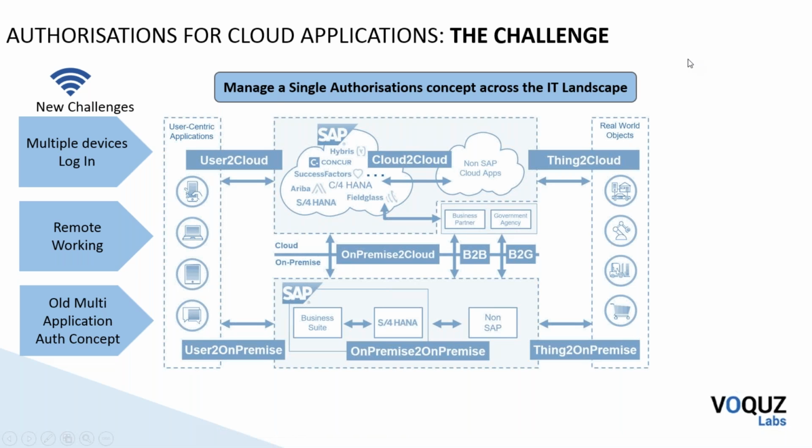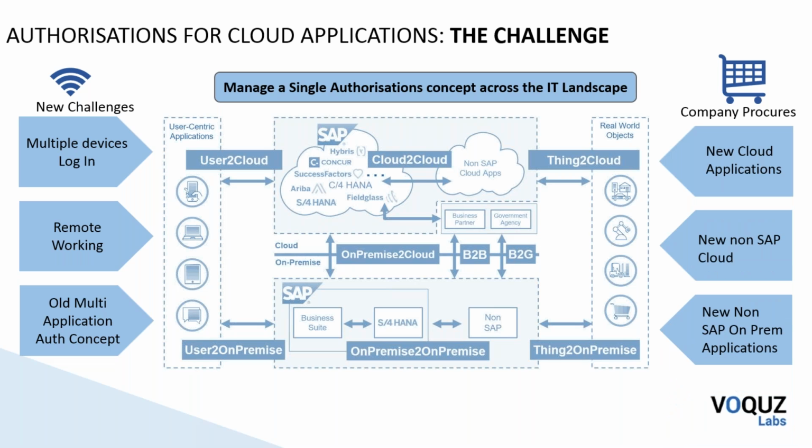Then we also have, what has the company procured? In many organizations, we see that a company is procuring some new cloud applications, as we showed up on the top here. They've got some Concur or SuccessFactors or SAP Analytics Cloud. There are some new non-cloud applications that are coming in as well. Lots of developers are developing stuff that's non-SAP, but is still accessible through a cloud-to-cloud integration.